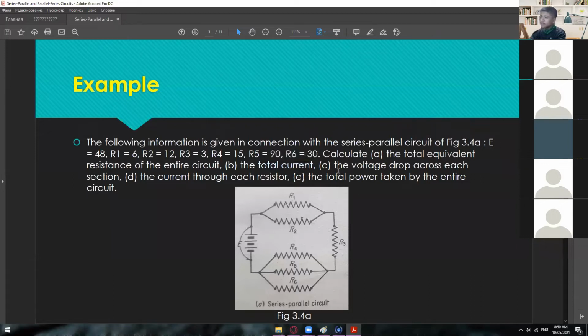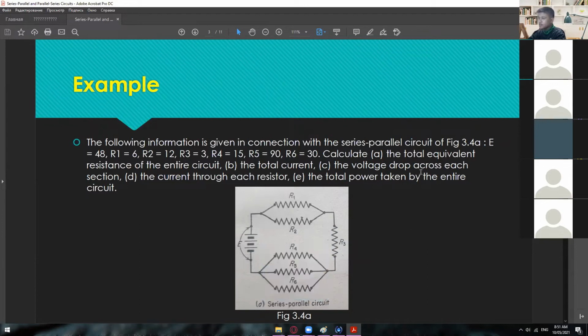And then letter C, the voltage drop across each section. What is the voltage drop in R1, voltage drop in R2? Sorry, mali pala. Section. Kapag sinabi nating section, so in here we have 3 sections only. So this is one section, another section, and then another section.